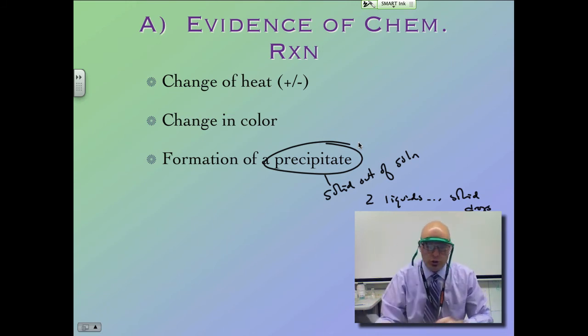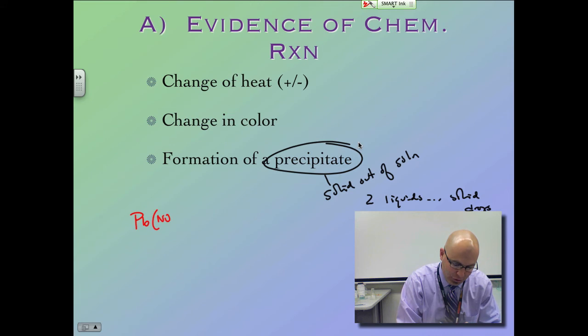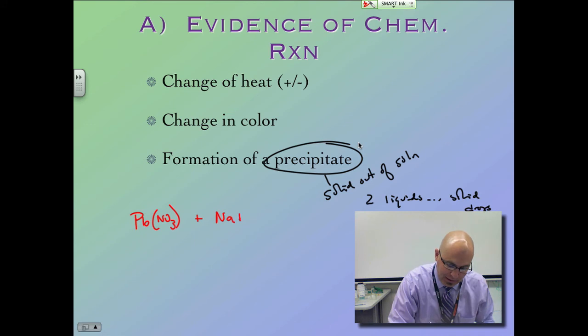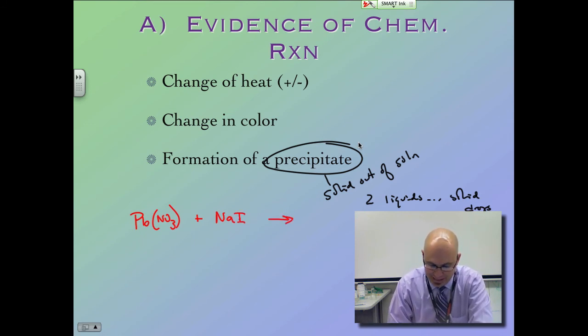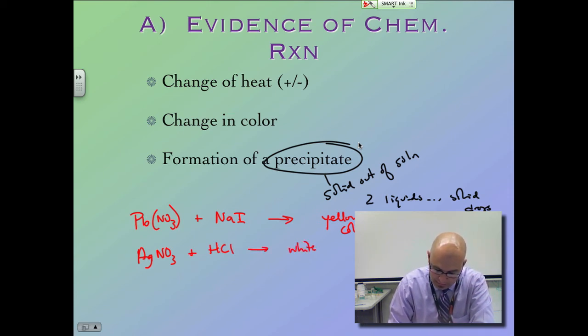So basically what I just showed you right there was lead nitrate reacting with sodium iodide, which produced that yellow color change and a precipitate, and silver nitrate and HCl, hydrochloric acid, which produced that white precipitate, and of course the color change.